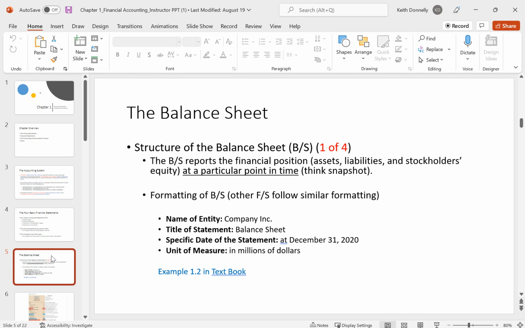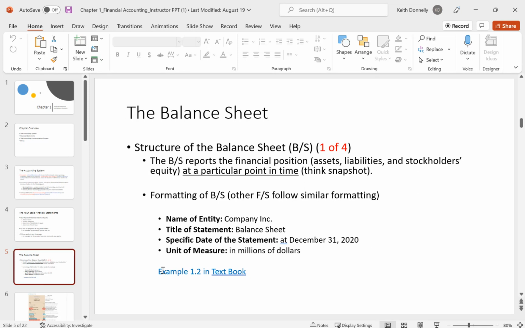Where do I stand right now at a point in time? This is in distinction with the other 3 financial statements, which are prepared for a period of time. We'll discuss that, but just think point in time, balance sheet. It's like a snapshot. Take a photo. Where are you right then with regard to your assets, your liabilities, your stockholders' equity?